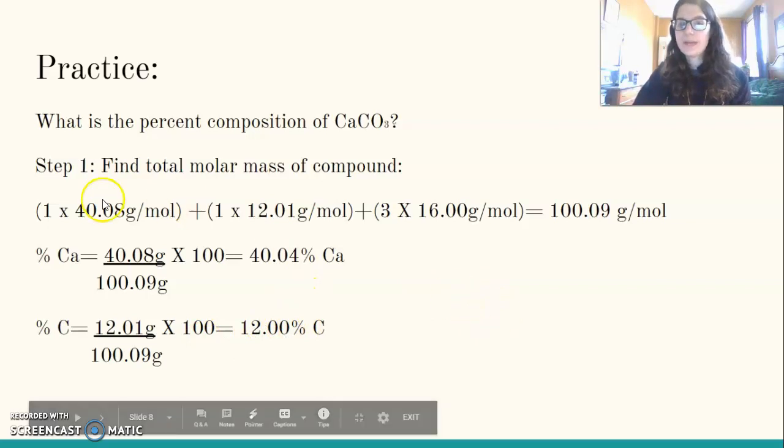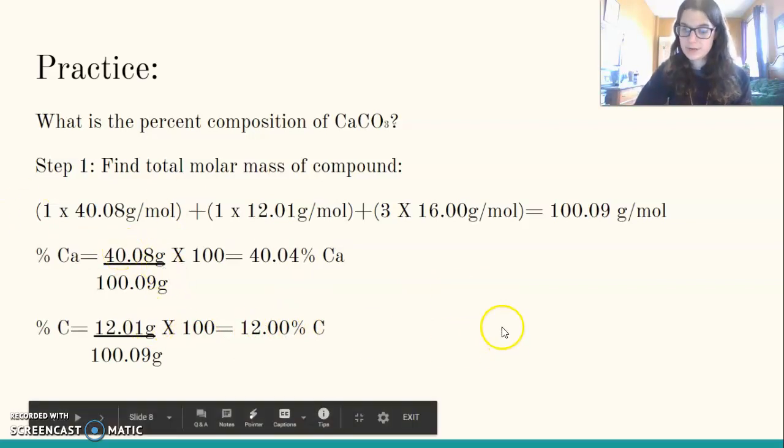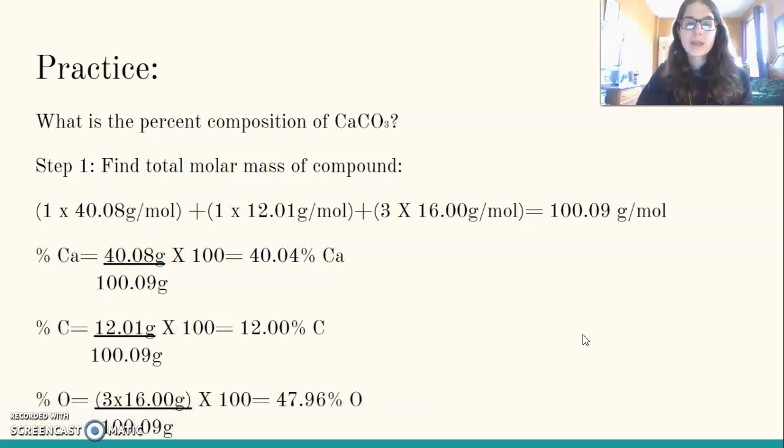For oxygen, we have something a little bit different in the numerator. So here I wrote it out to be 3 times 16, because remember, there are 3 atoms of oxygen for every molecule of calcium carbonate. So I have to multiply the molar mass by 3 to account for all of those oxygens. So from here on out, I won't break it down into that 3 times.